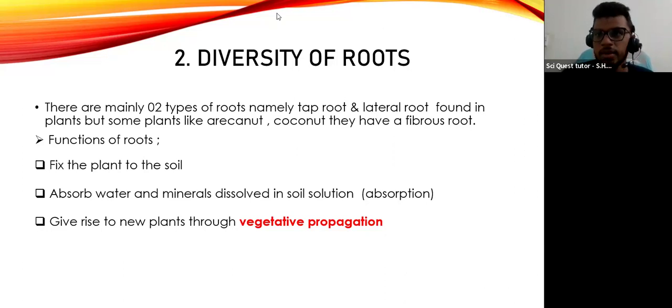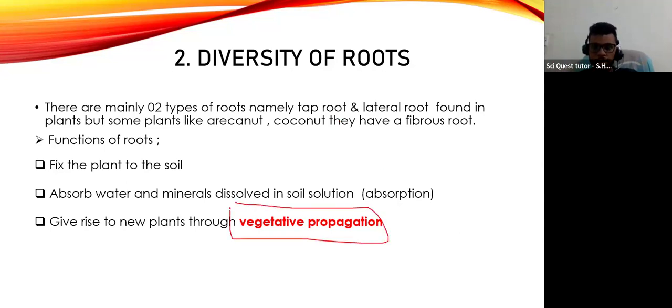This is the question. Ready, everyone? After I complete the question only, you all have to raise your hands. Now, in this presentation, you can see the word vegetative propagation. I need the explanation of vegetative propagation.